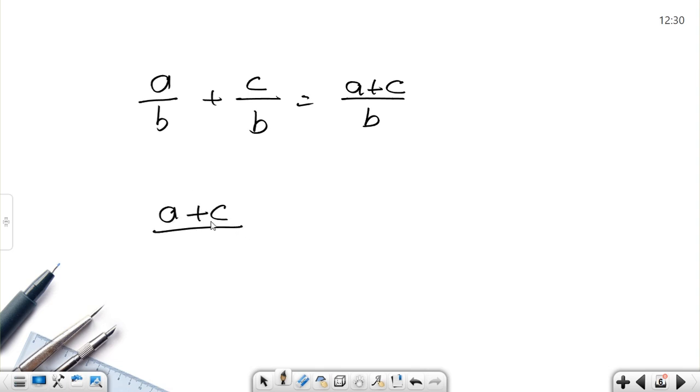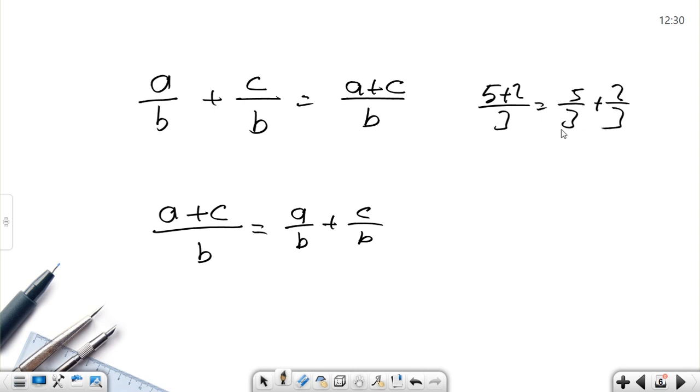If we talk about two numbers and a common denominator, we can separate with this common denominator, a over b plus c over b. Let's make an example. 5 plus 2 over 3 is equal to 5 over 3 plus 2 over 3. I can separate it with the common denominator. I will use the simple fraction.